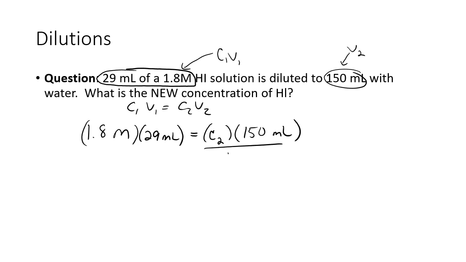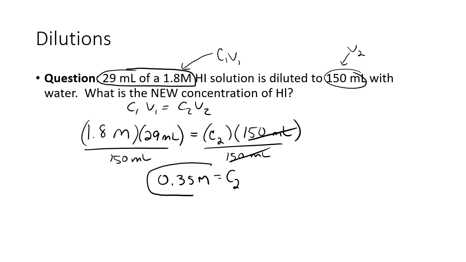If we get concentration 2 by itself by dividing by 150 milliliters, we get a 0.35 molar essentially. You do get something like 0.348, and then we would round that off to 0.35. Does that make sense? Yeah, we got a lower concentration than what we started with.